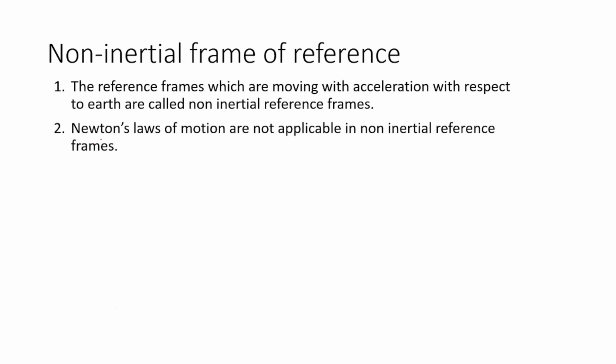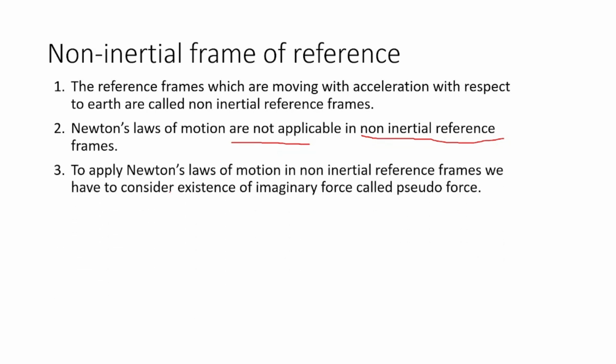Now, Newton's laws of motion are not applicable in a non-inertial frame of reference. We cannot apply Newton's second law of motion in a non-inertial frame of reference, so we need the concept of pseudo force. So to apply Newton's laws of motion in a non-inertial frame of reference, we consider the existence of an imaginary force, which is called pseudo force.